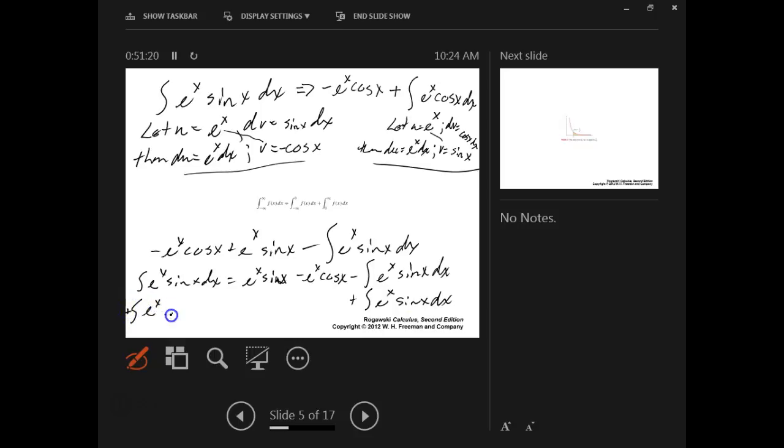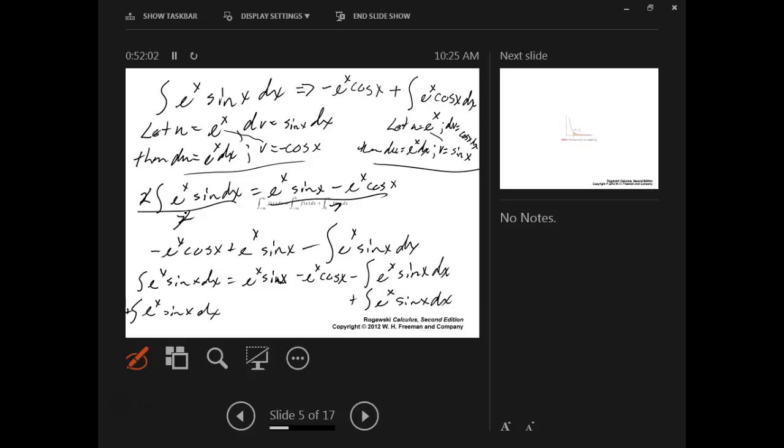And now we've got two of them. 2 times the integral of e to the x sine x dx is equal to e to the x sine x minus e to the x cosine x, and then divide by 2, and you've got what that original integral was. Without ever really doing it, we did it. We just added it to both sides, and that gave us our answer.